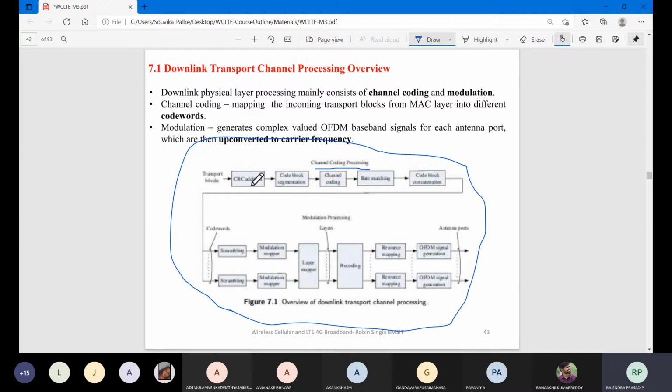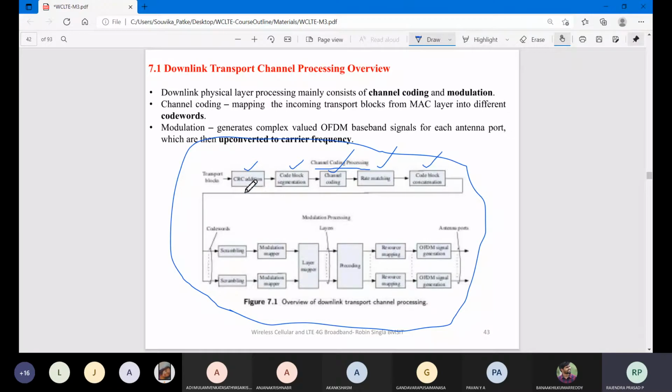You can see there is a CRC addition, code block segmentation, channel coding, rate matching, and code block concatenation. So if they ask what the different processing steps of the downlink transport channel are, you majorly have these five.